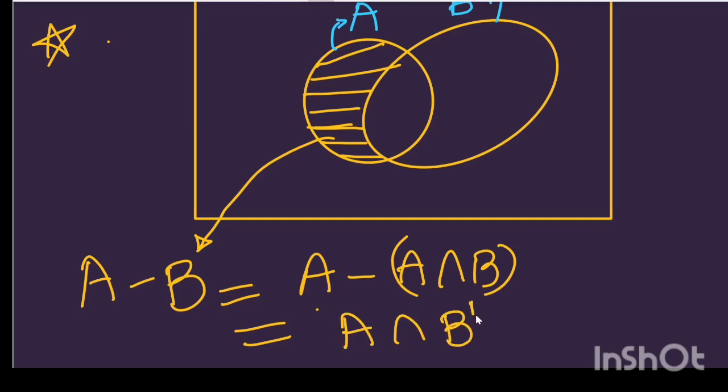Now if you use the way we did in proving the De Morgan's law, in the same way, if you calculate this A minus A intersection B dash, you will get the same area of A minus B. So A minus B is same as A intersection B dash, or we can also write it as subtracting A from A intersection B dash. So this is the meaning of A minus B, which is A minus A intersection B or A intersection B dash, guys.